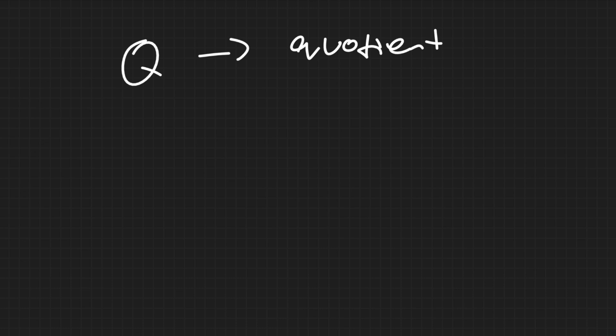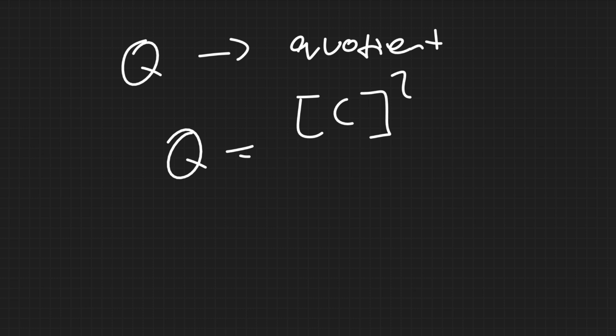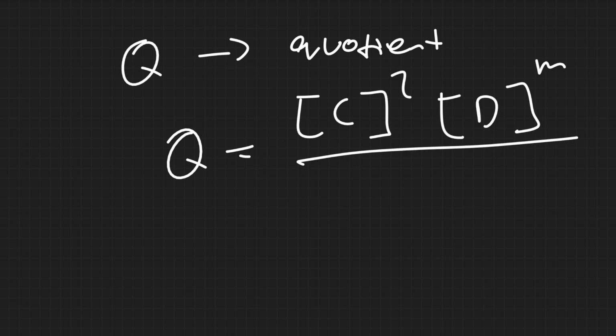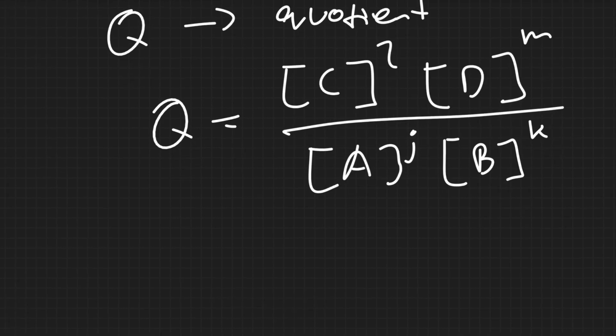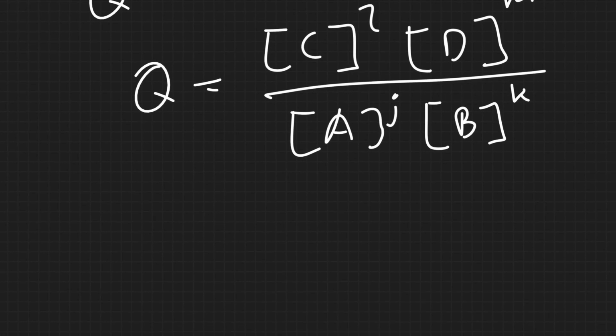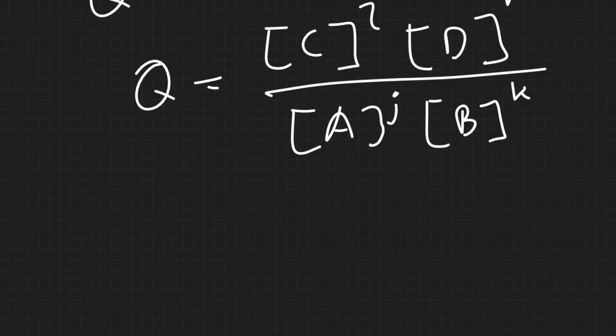If we don't know that, then we can use the same expression as we were before. This is what we had before. Remember, we're taking concentrations and raising them to the coefficients of these species. So for example, for A it would be raised to the power of J, then we have B to the K. So that's Q. Essentially it's K, but we're at a different time, and we don't know if we're at equilibrium.